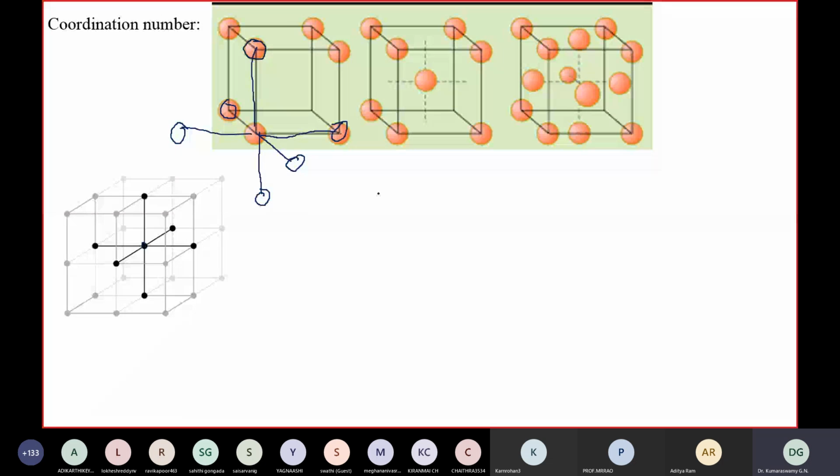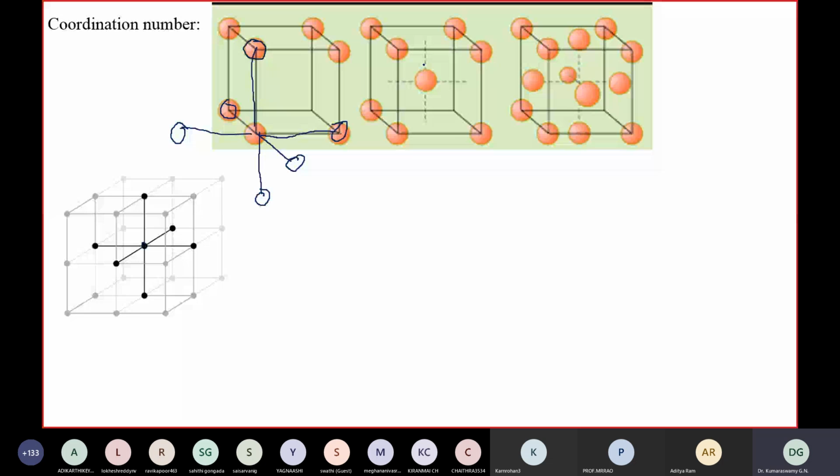That means all these 6 atoms are at an equal distance from this atom. You go in any direction, all the 6 atoms are placed at equal distance. That is why we call them directly surrounding neighbors.